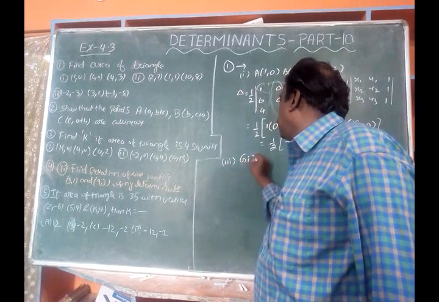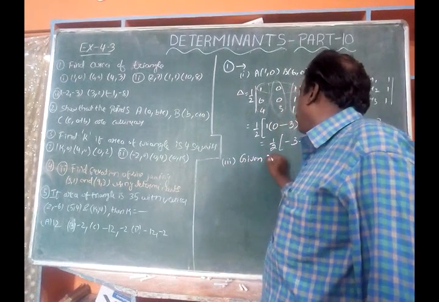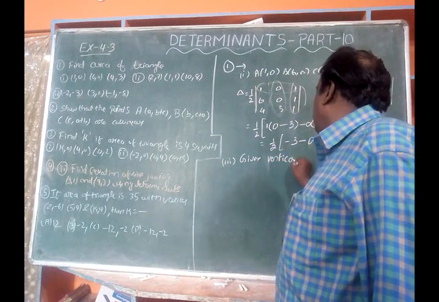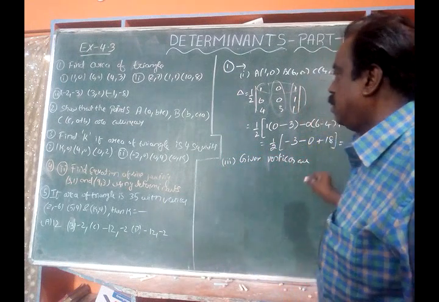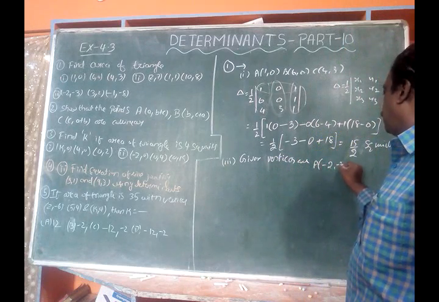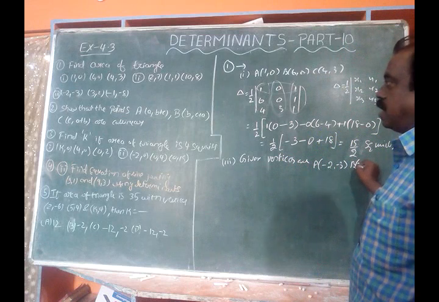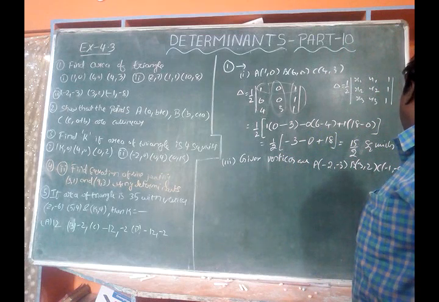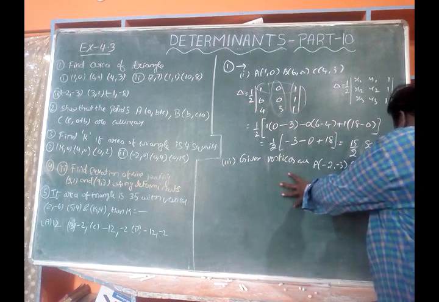Given vertices. What are the vertices? Given vertices are capital A is minus 2 comma minus 3, B is 3 comma 2, C is minus 1 comma minus 8.